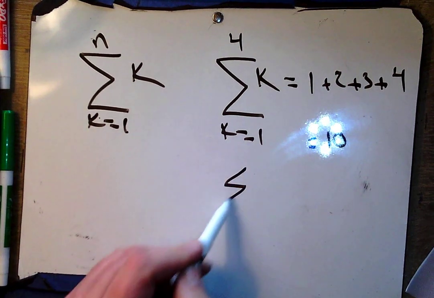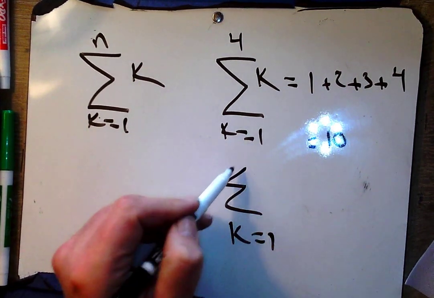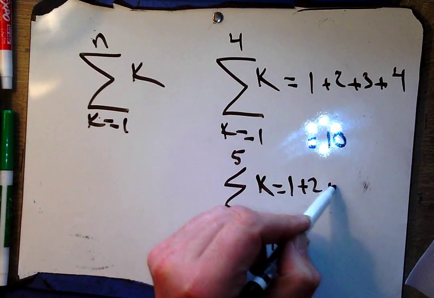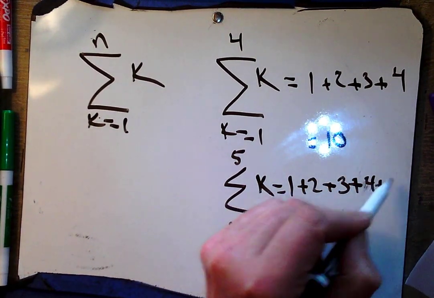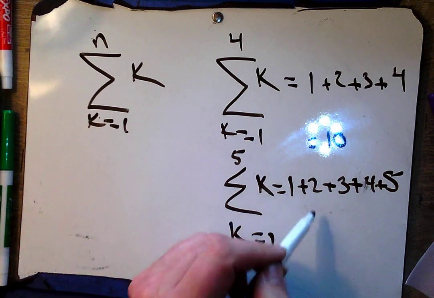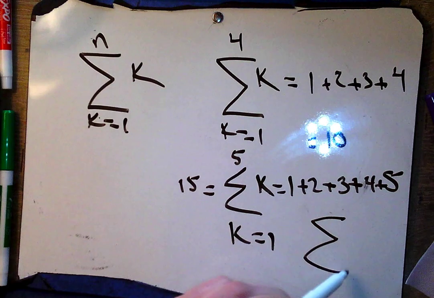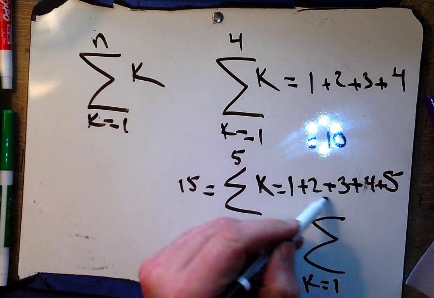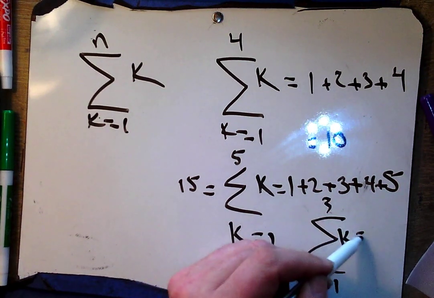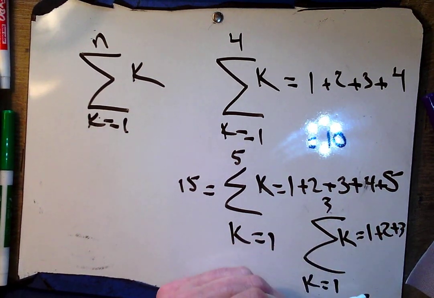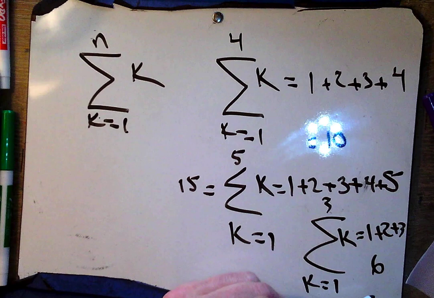What happens if I have k equals 1 to 5 of k? Again, 1 plus 2 plus 3 plus 4 plus 5, and I get 15. And if I do k equals 1 to 3 of k, it's just 1 plus 2 plus 3, and that's 6.